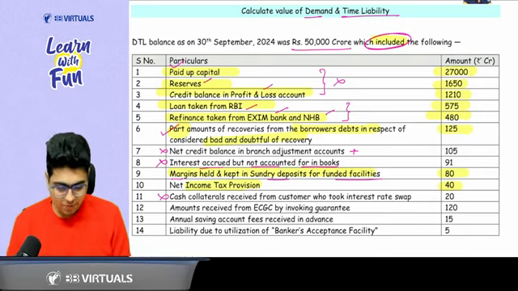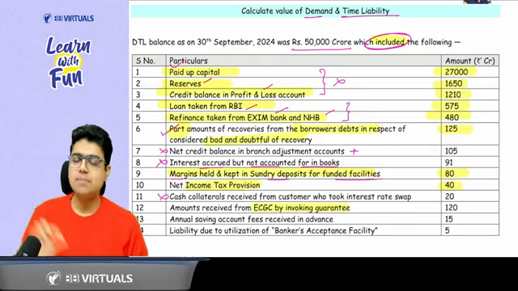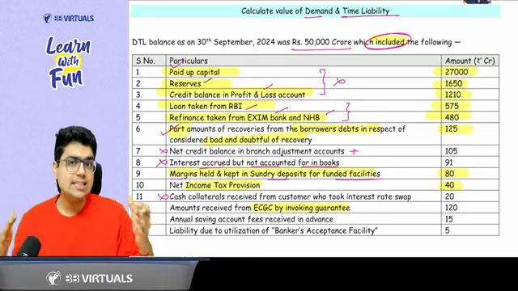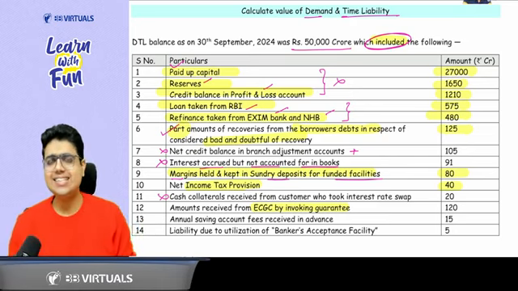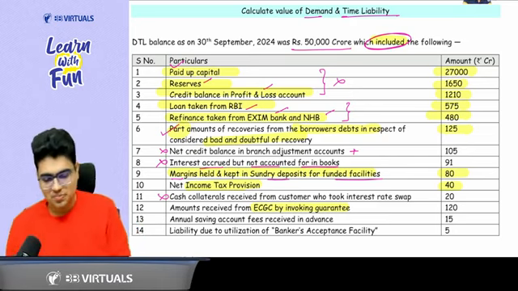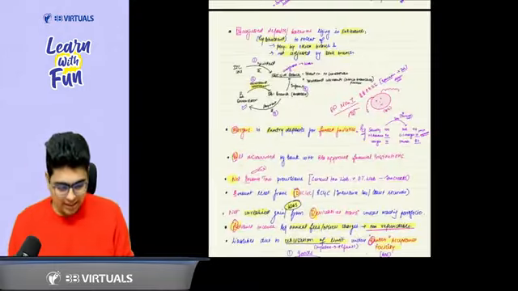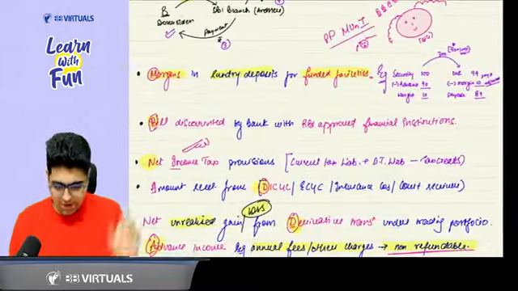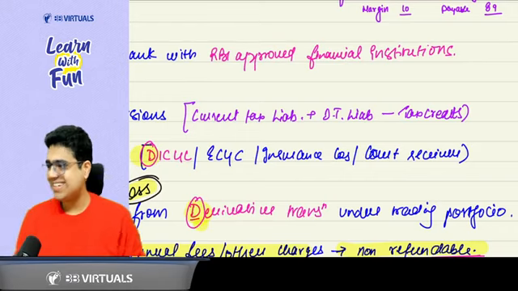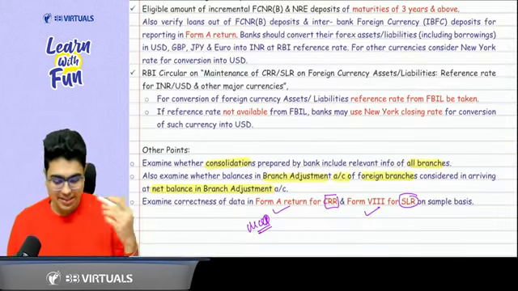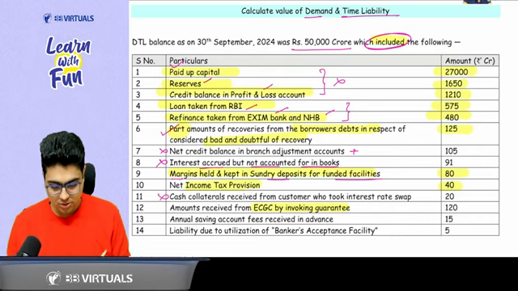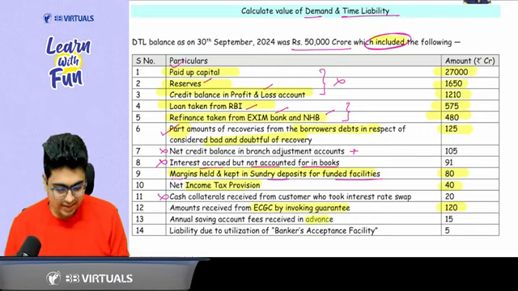Amounts received from ECGC by invoking the guarantee. D for DICGC, ECGC, insurance companies. We discussed that. Don't forget: amounts received from DICGC, ECGC, insurance company, court receivable were to be excluded, so we will exclude 120. Then annual saving account fees received in advance.